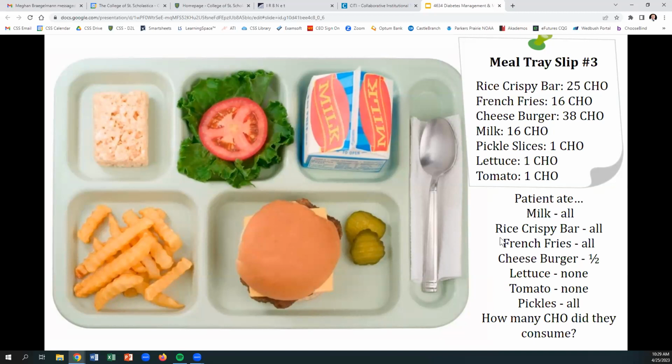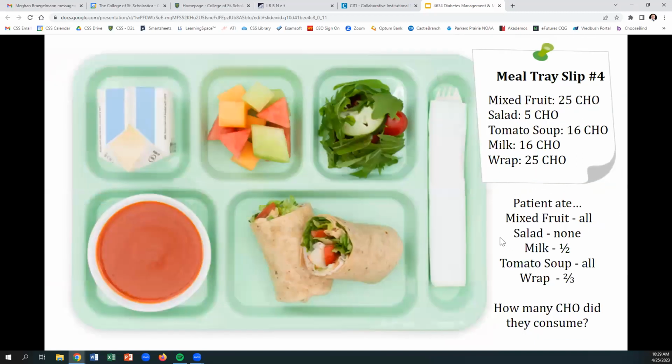Okay, so hopefully you came up with about 77 carbohydrates. Okay, let's move on to the next example.